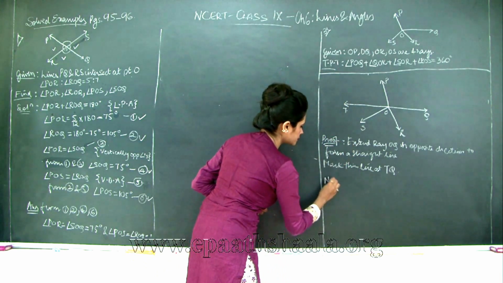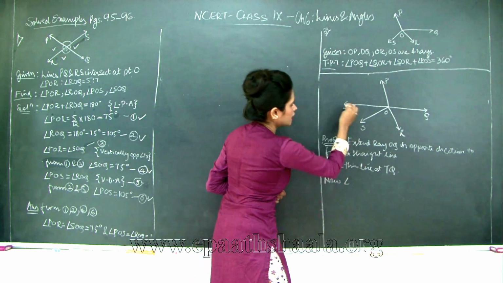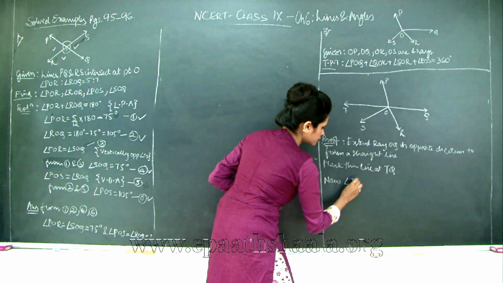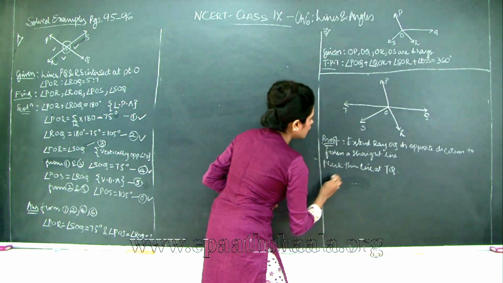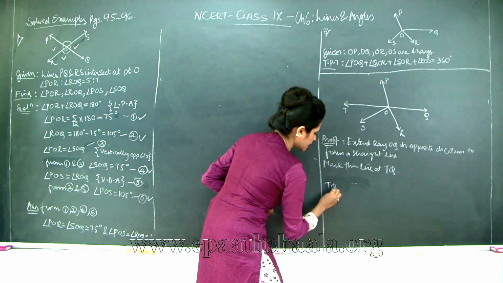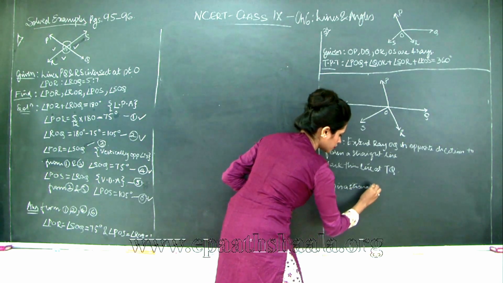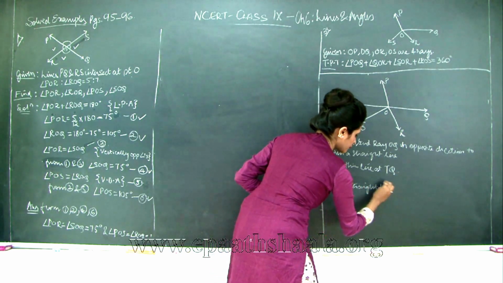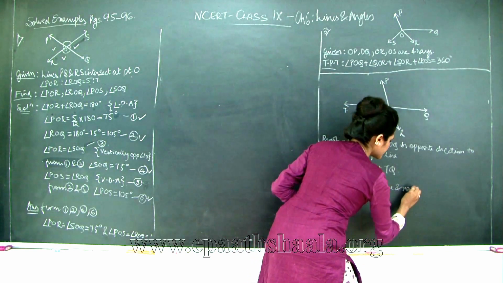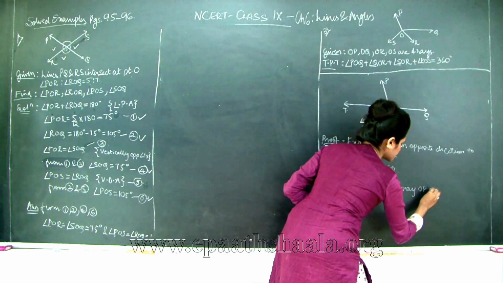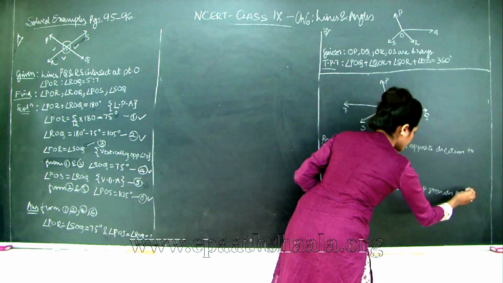Now angle TOP plus, or rather we'll write it, TQ is a straight line and ray OP stands on it, TQ.